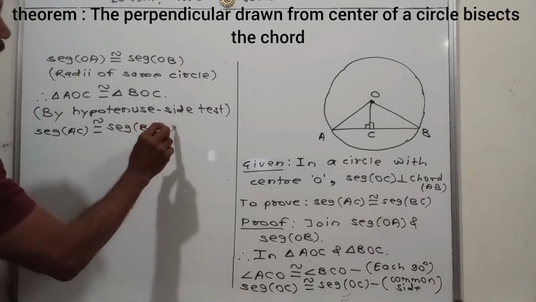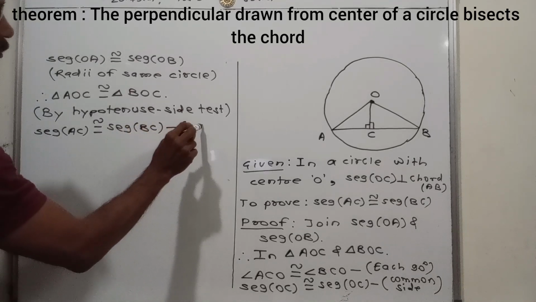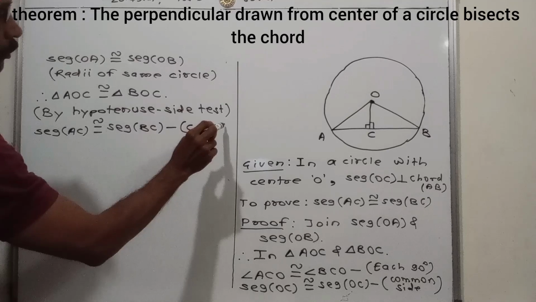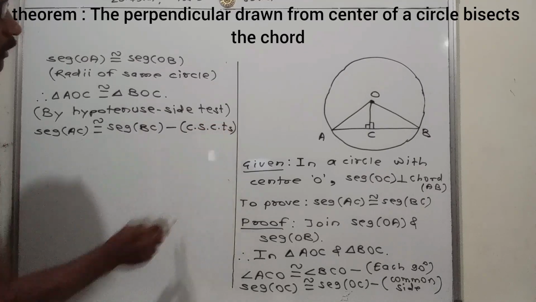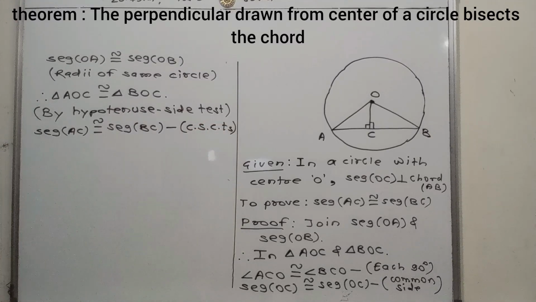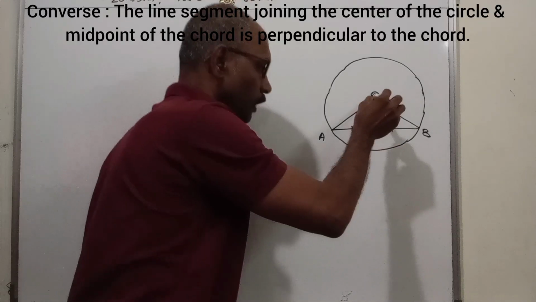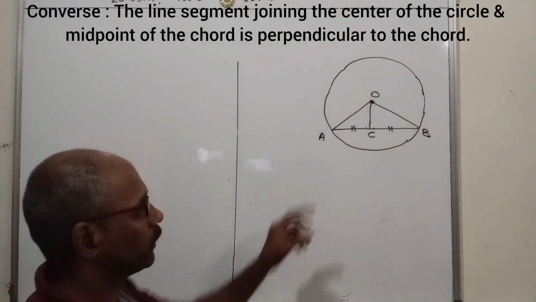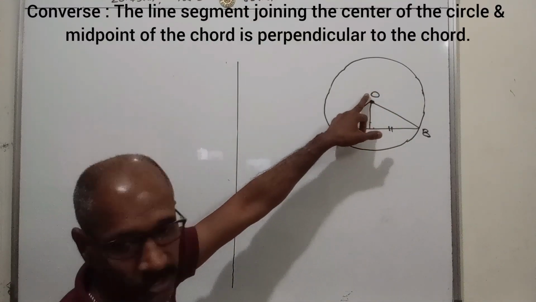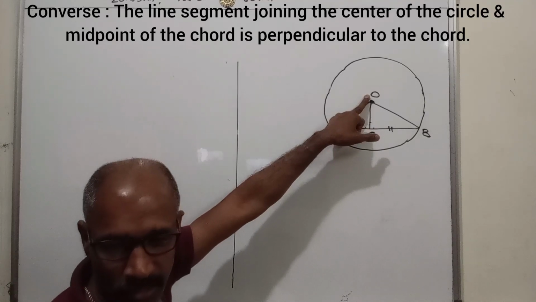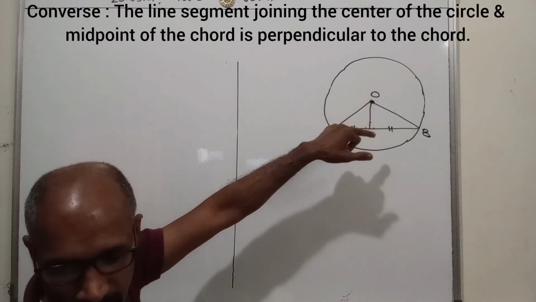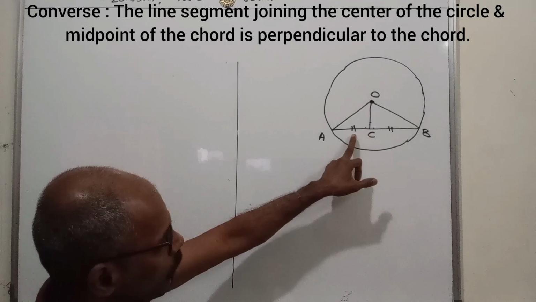We write here reason: corresponding sides of congruent triangles. Did you get it? See here, line segment joining the center of the circle and midpoint of the chord.